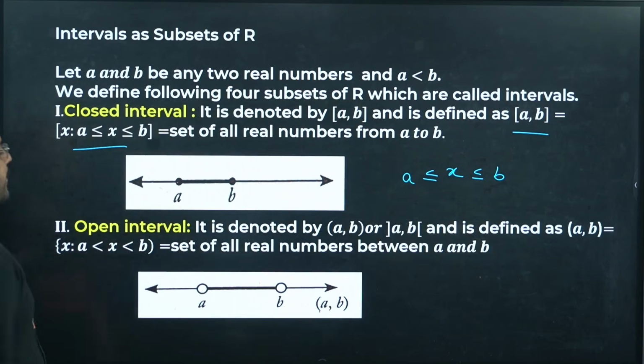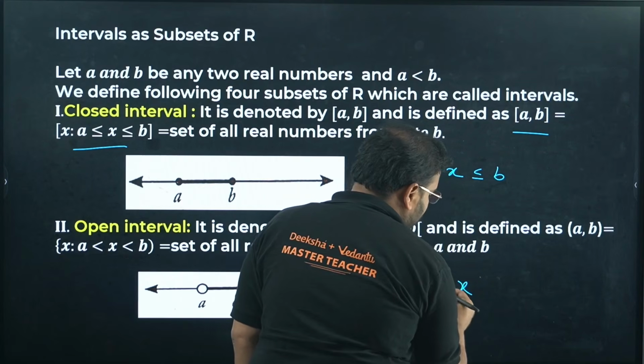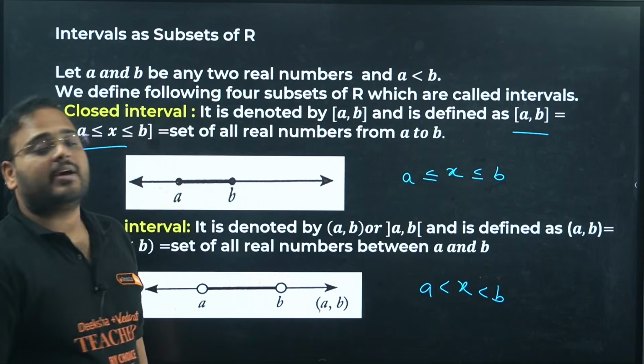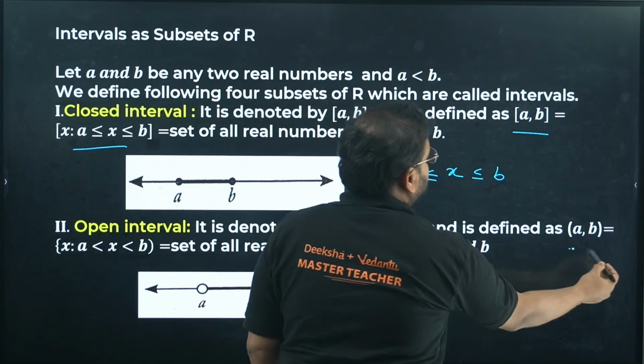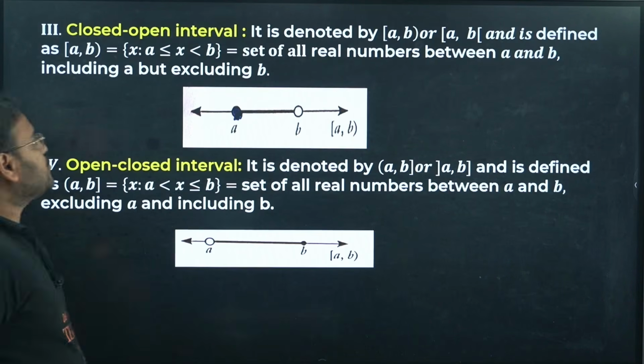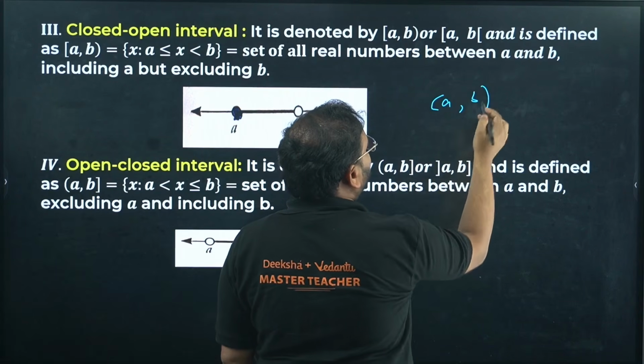Please check. Okay, same way, open means what? We'll keep the inequality for x with the open sign. So a open to b open means a and b are not inclusive, and over here we'll use the simple small brackets, not the square brackets. Next, closed open means at a we have closed and at b we have open.